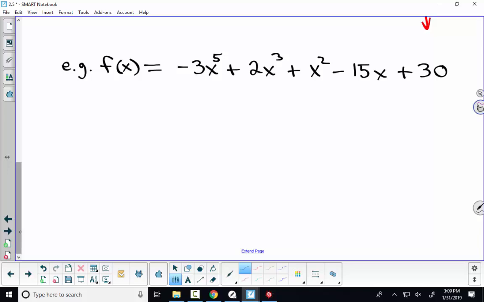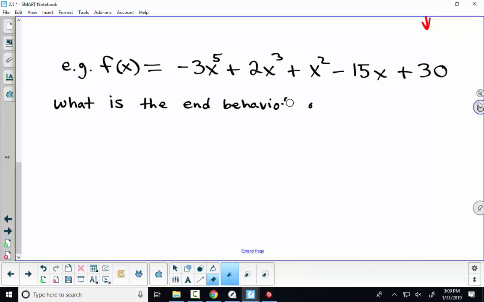The questions that were typically traditional with polynomials in prior math courses would be, what is the end behavior of f of x?